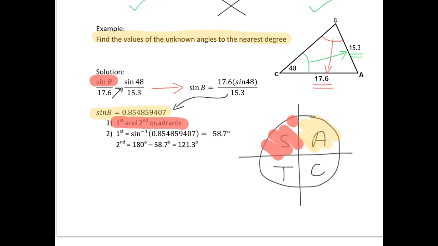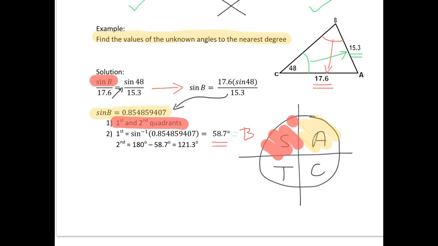So in the first quadrant, we know that our angle B will just be sine inverse, and when we work it out, we just get that our B is 58.7 degrees.